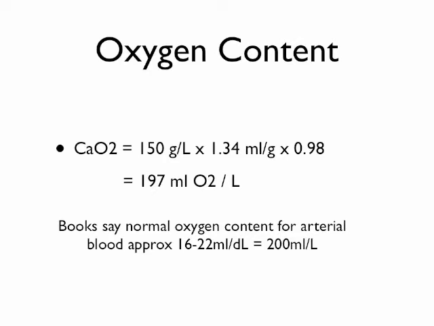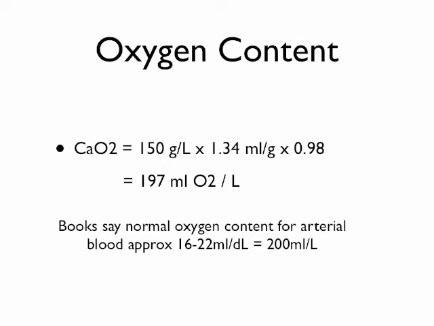So if we stick some numbers in there, if we have a hemoglobin concentration of 150 grams per litre, multiply that by the maximum capacity of 1.34 mils of oxygen per gram of hemoglobin, and the percentage saturation of say 0.98, then that brings us out to about 200 mils of oxygen per litre of blood.